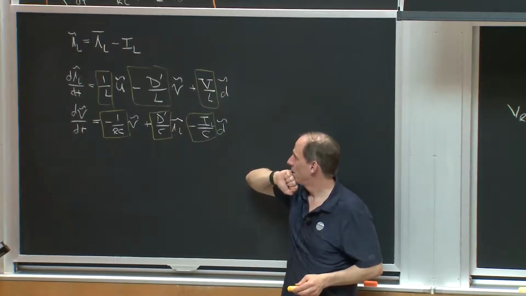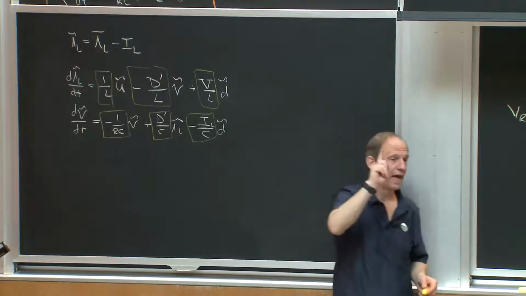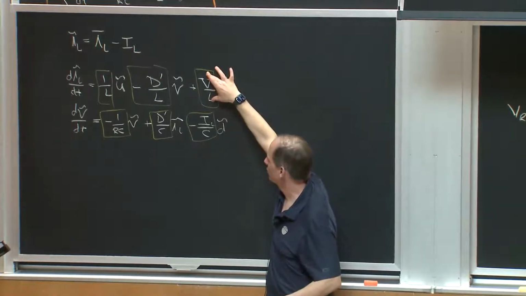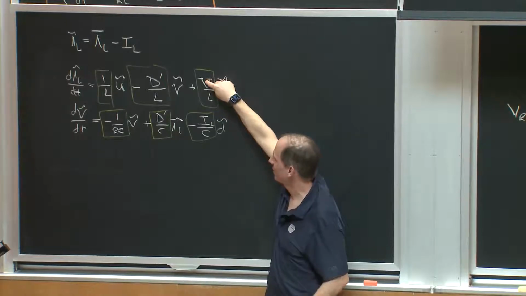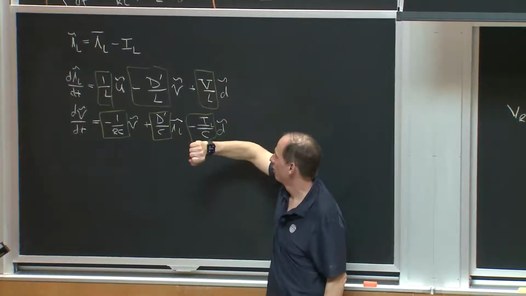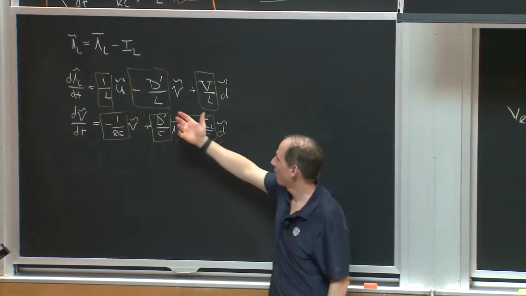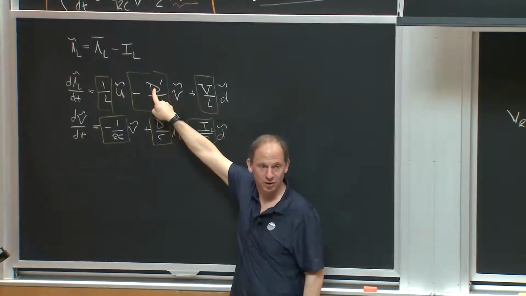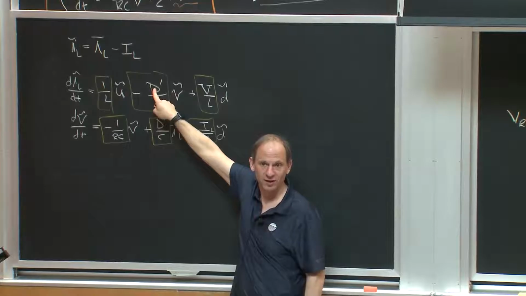The only caveat is that notice these constants depend on the operating point. If I decide my DC output voltage changes, or for example, I operate from a different input voltage, I'm going to get a different steady state duty ratio D, and hence a different 1 minus D, which is D prime here, right?